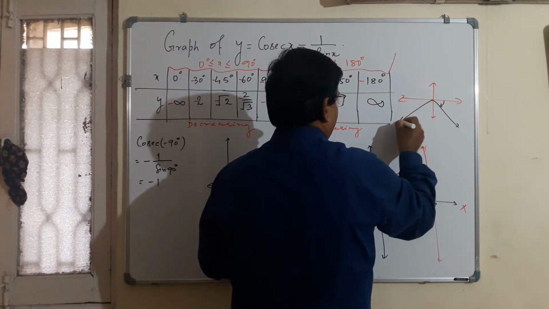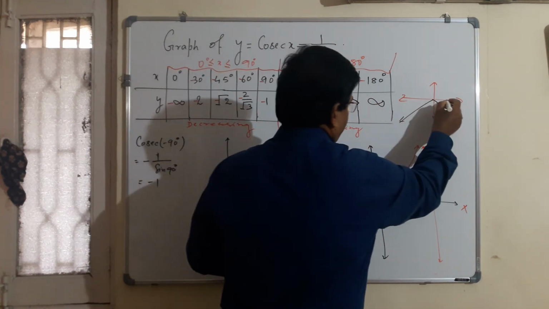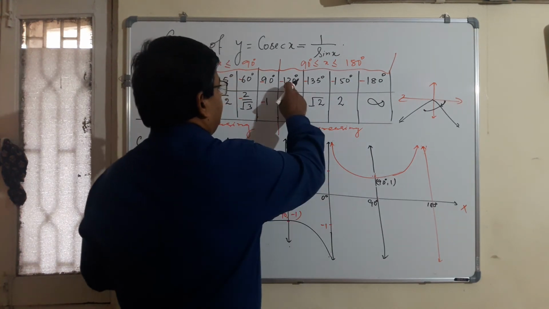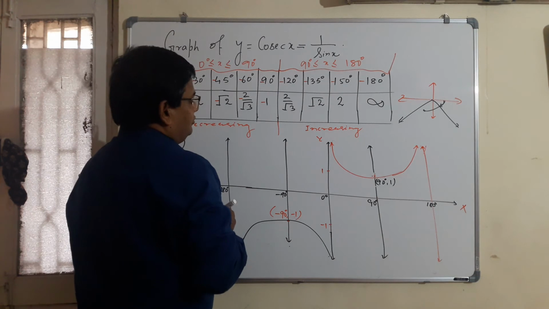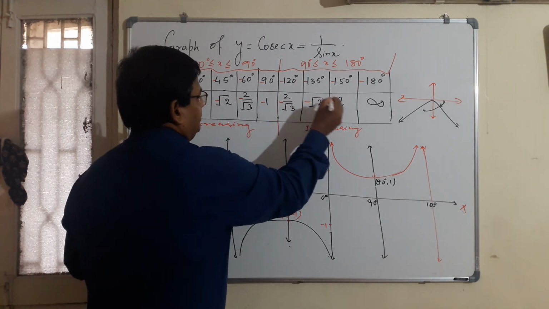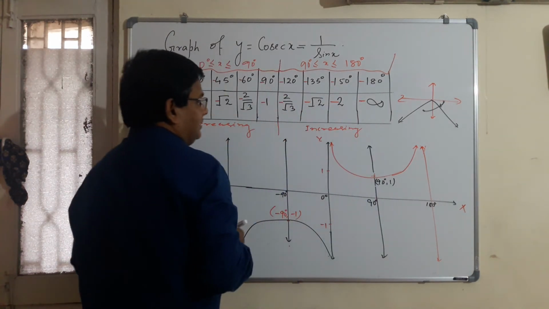Now minus 120 degree will come here in the third quadrant. In the third quadrant sine is negative, cosec is negative, so you have to put a negative sign here, here also negative, and here also negative.